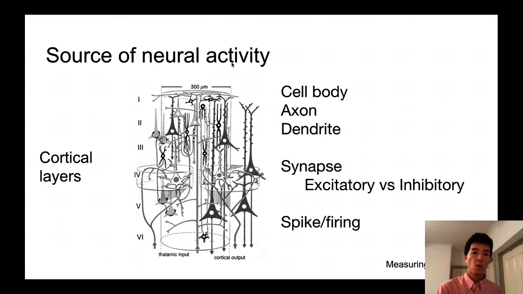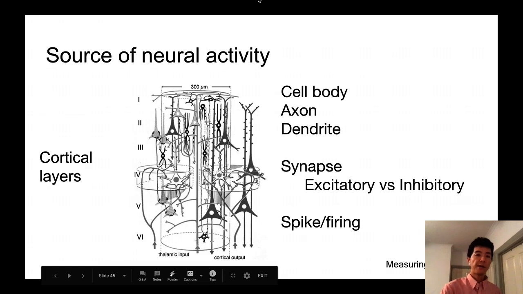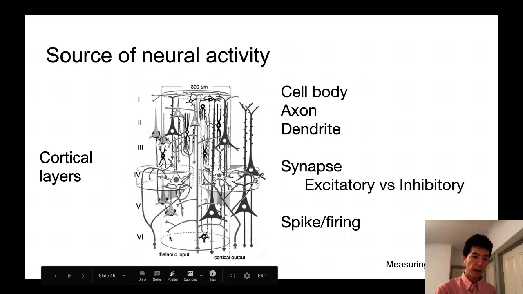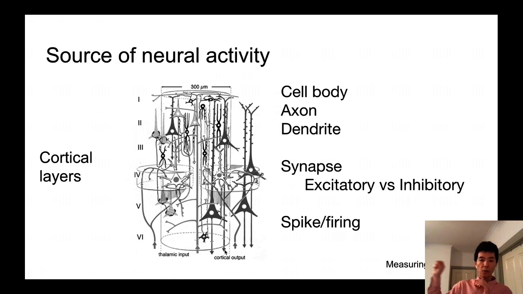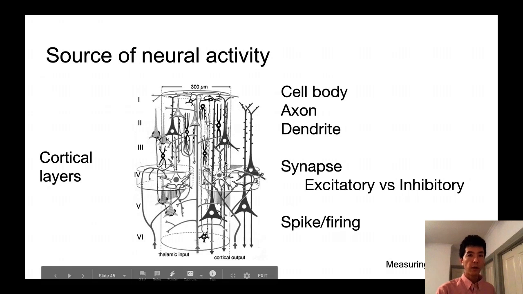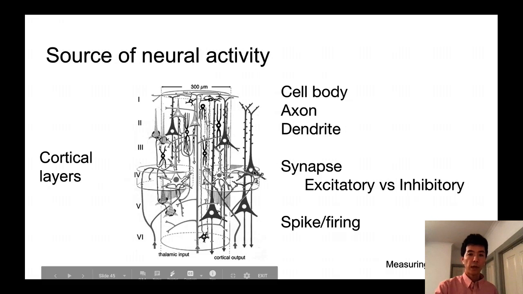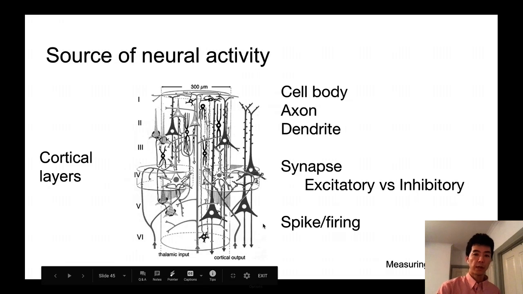By the way, the layers 1 to 6 are roughly in order from the cortical surface to the white matter, the location that has bundles going to other cortical areas or the thalamus. Layer 1 is closer to the surface, and layer 5 or 6 is closer to the interior of the brain. The axons go out to other nearby neurons, or through the white matter to other areas.